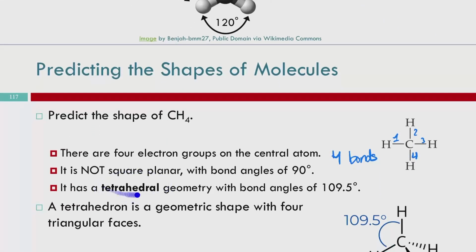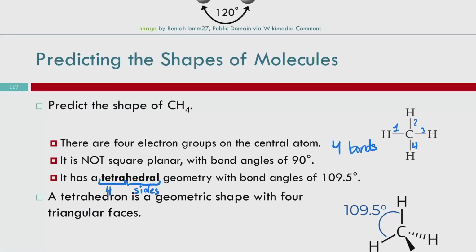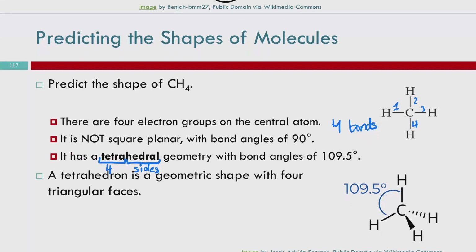And we call this tetrahedral geometry. What does the tetra prefix mean? 4, and the hedral part means sides or faces. And the bond angle, because of that 90-degree turn at the waist, is now 109.5 degrees instead of 90 degrees. So they're a little bit further away from each other by doing that rotation in 3D space.